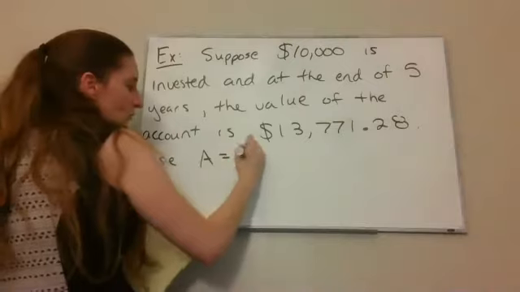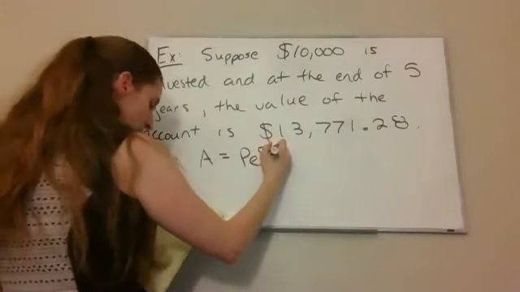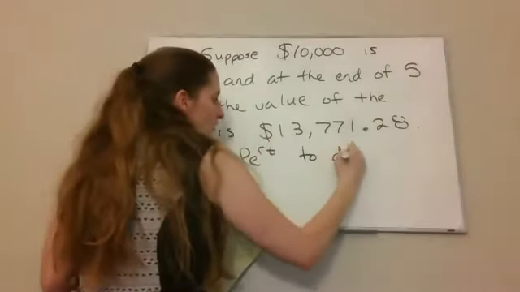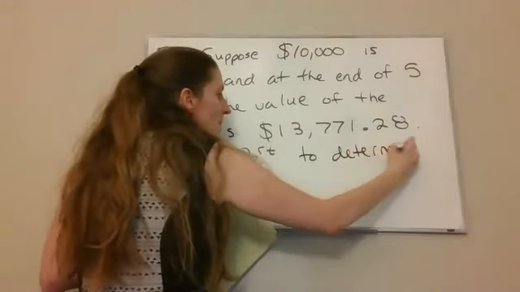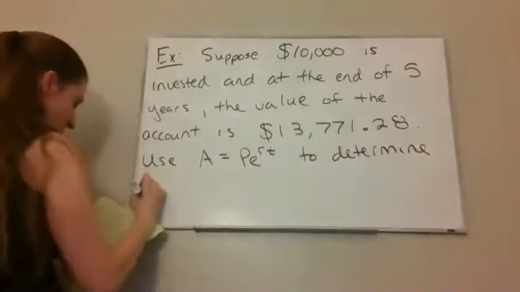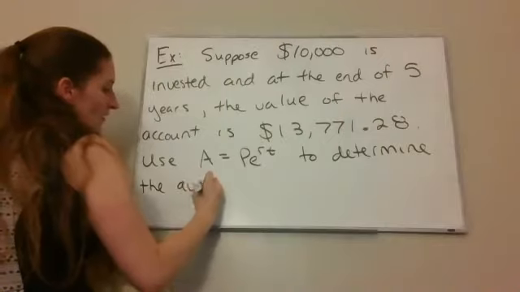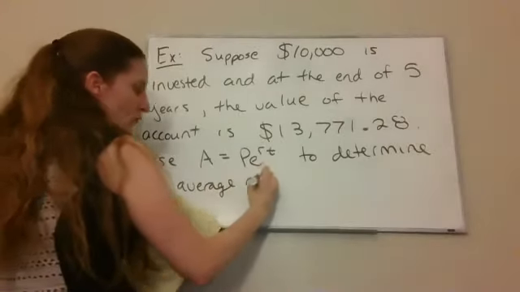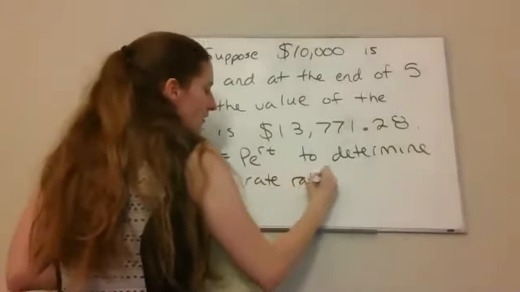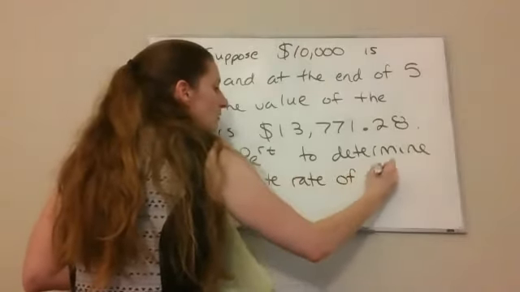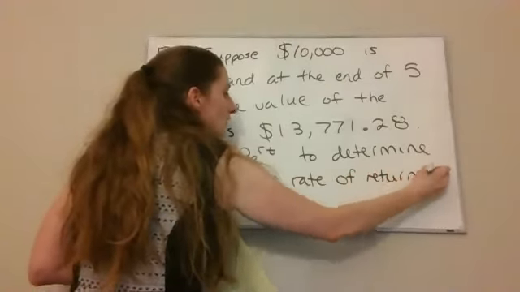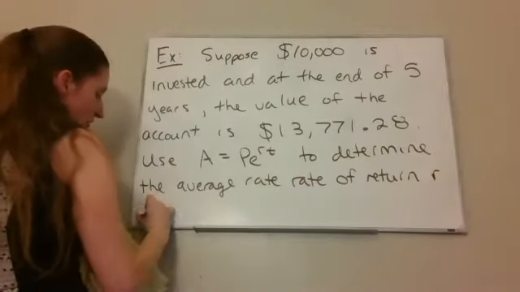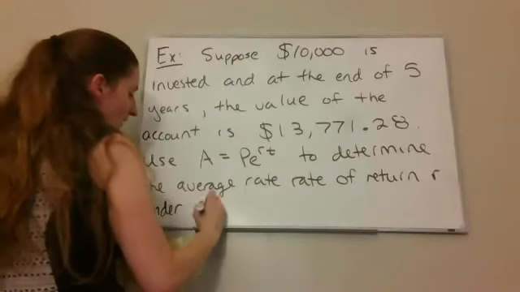Use A equals Pe to the rt to determine the average rate of return r under continuous compounding.